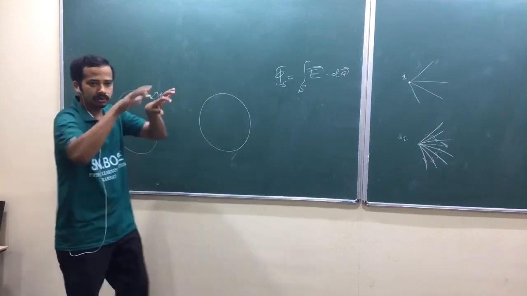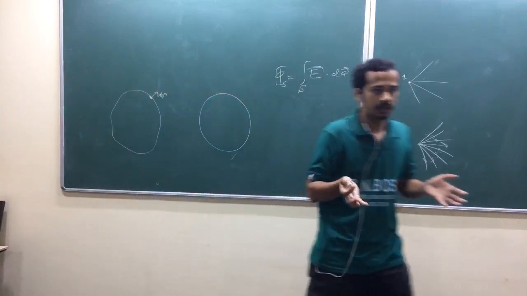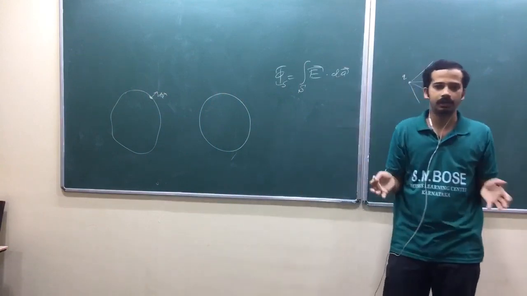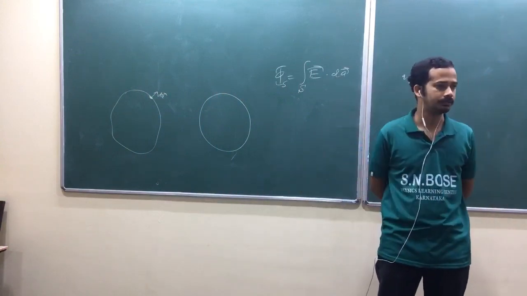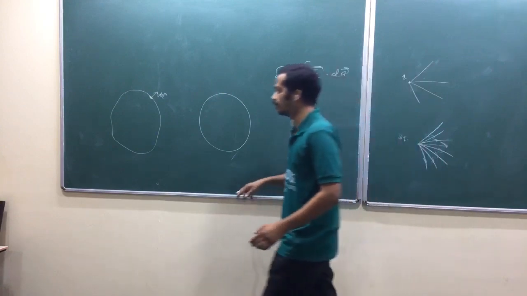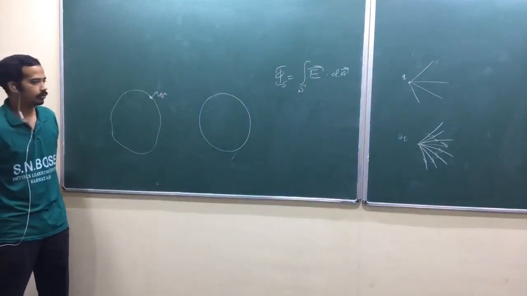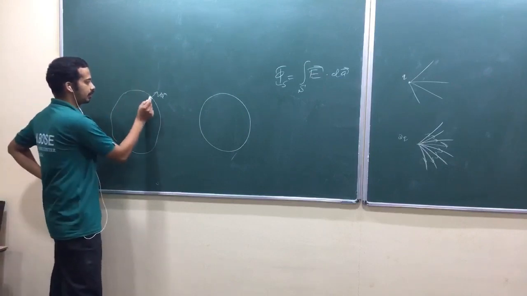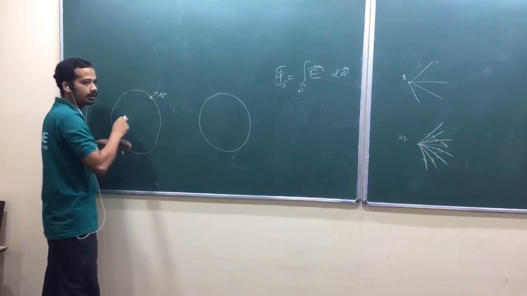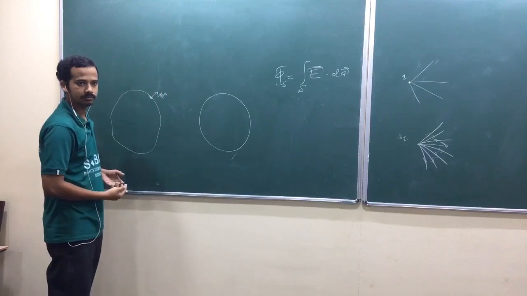One closed surface will produce one volume. Am I right? Inside that one there will be one region, isn't it? So a closed surface always defines one region, one volume. So it is a convention to choose your area vector outward from that volume.